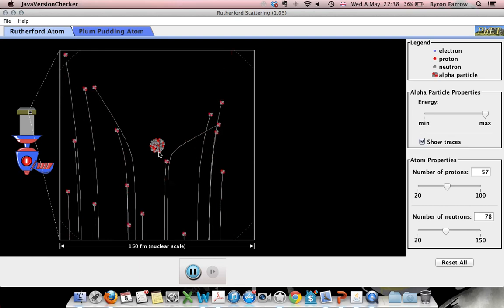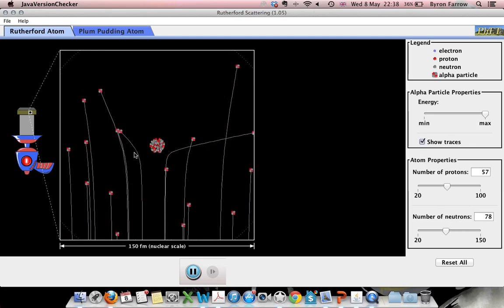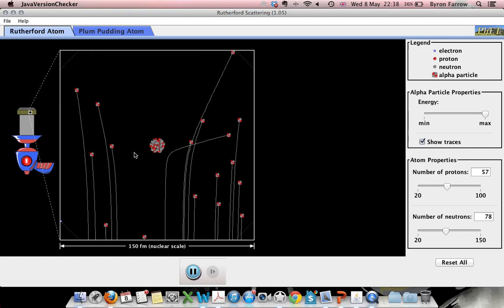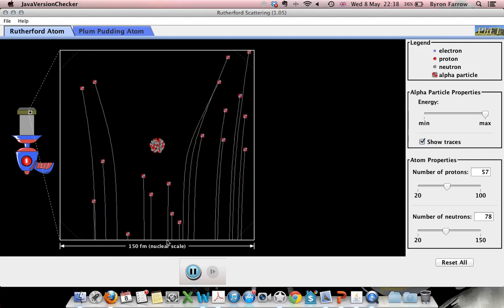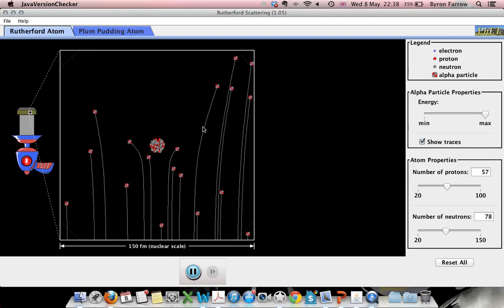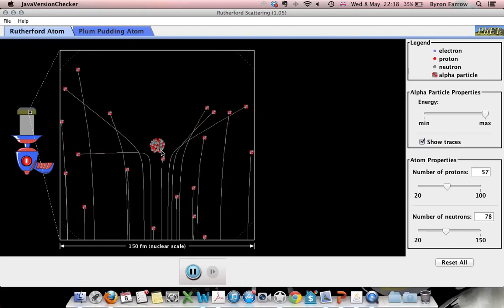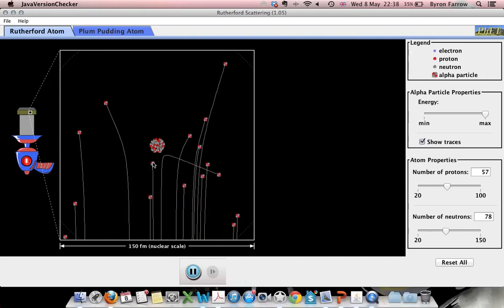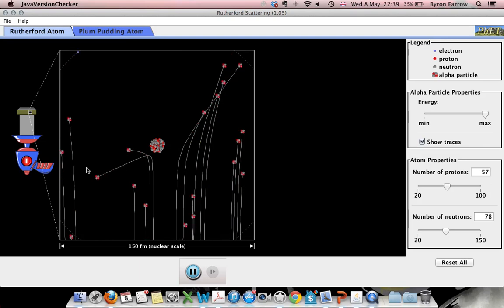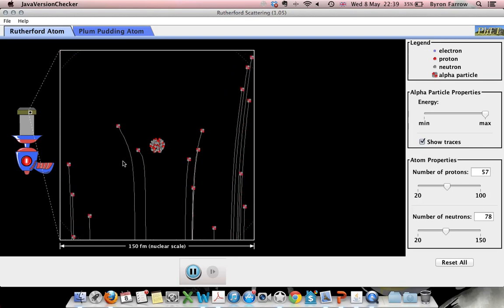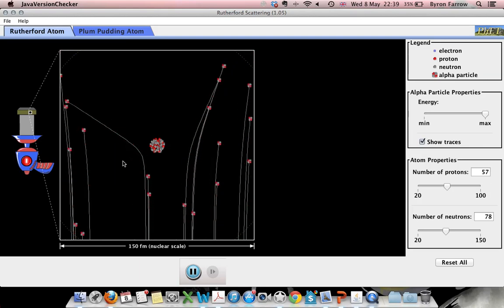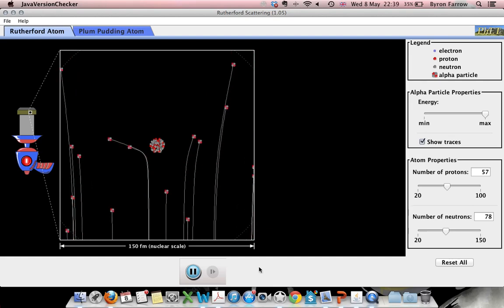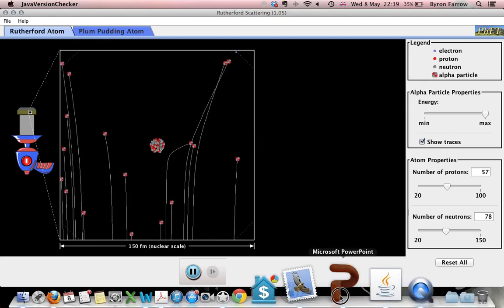We know it's big and heavy because it pushes back the alpha particles. We know it's very small because most of the alpha particles go straight through. It's only the ones that happen to closely approach the nucleus that get deviated. So this is the first appearance of this idea of a nucleus. So let's go back to the presentation.